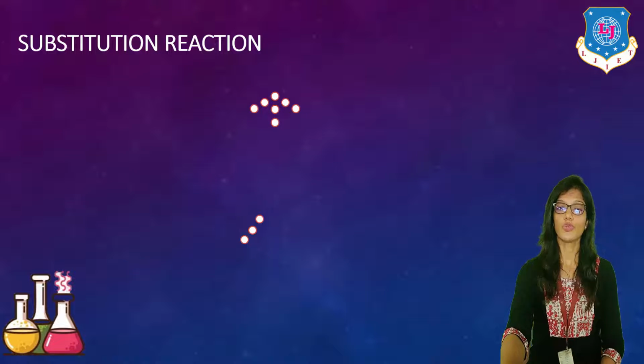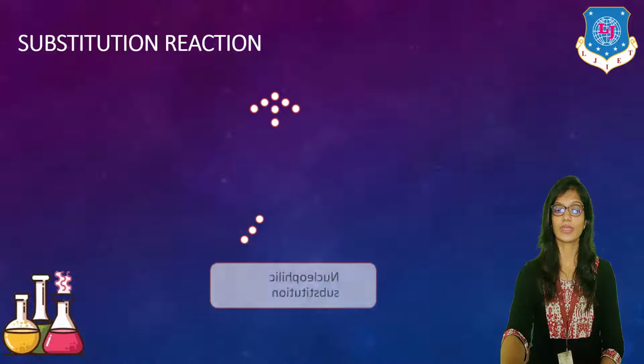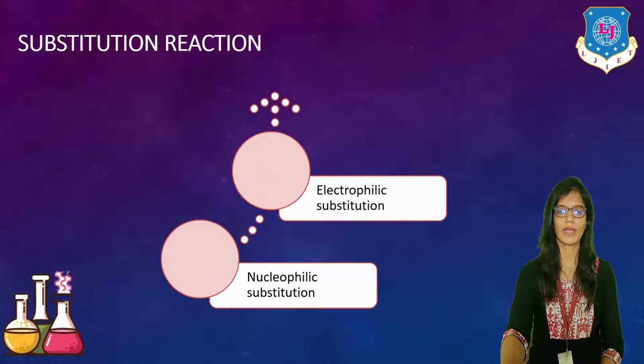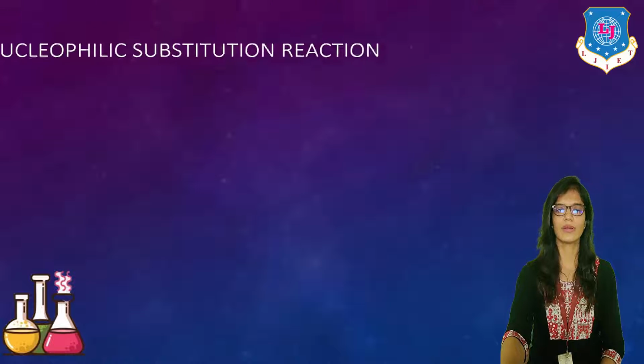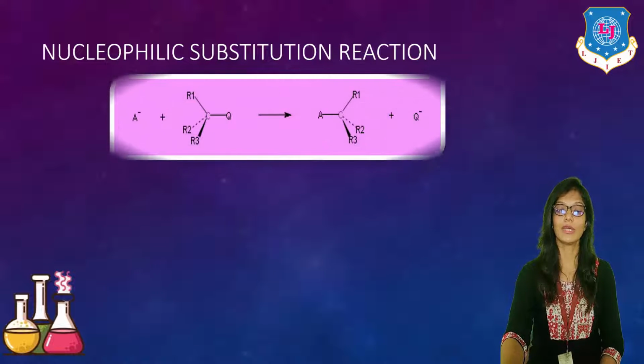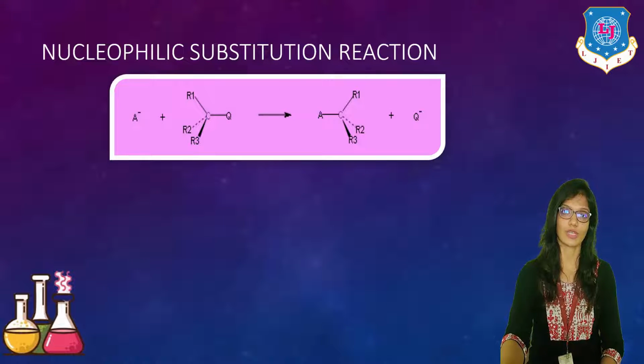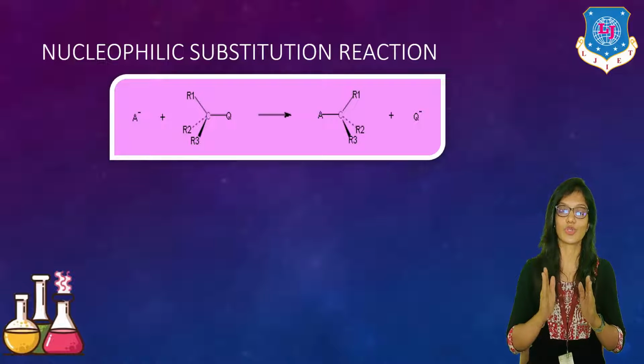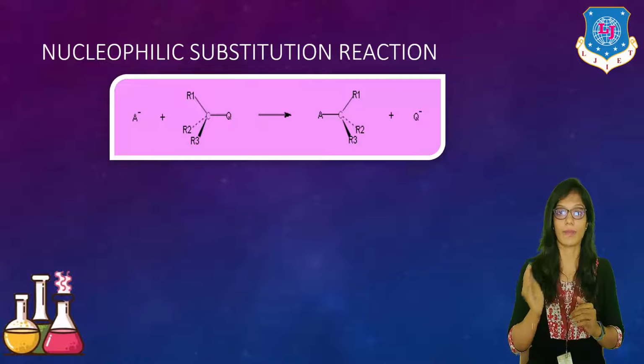As you can see here, this is the general nucleophilic substitution reaction mechanism. In general this will happen, but it occurs in two different ways: one way is SN1, another way is SN2.